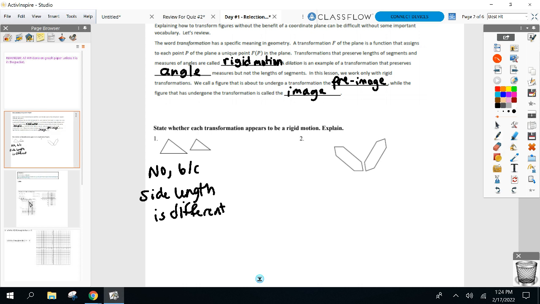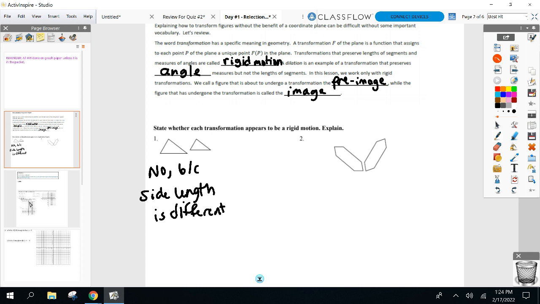And what do you look at number 2 now? Pre-image on the left, image on the right. Does it look like I performed a rigid motion there? Yes, no, maybe? What do we think? Rigid motion?